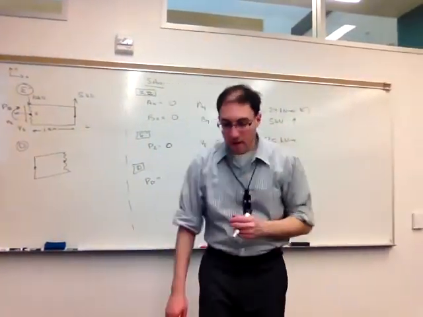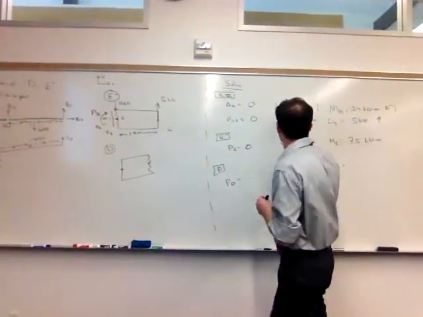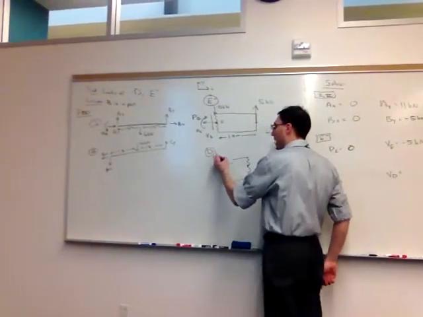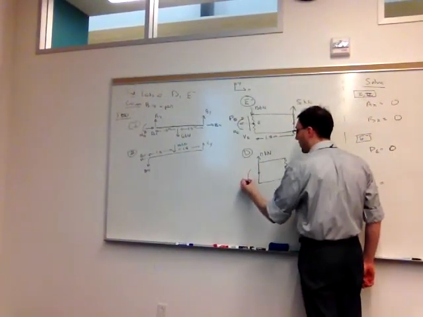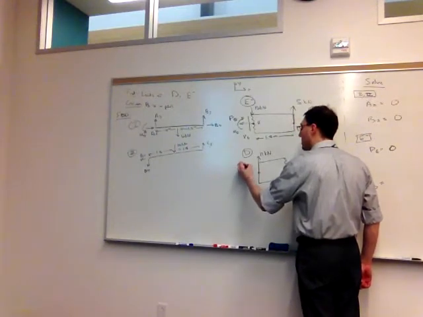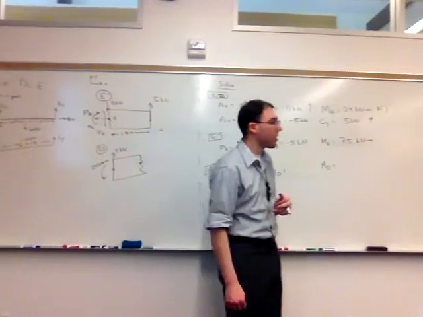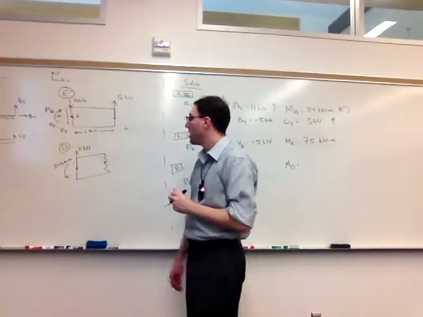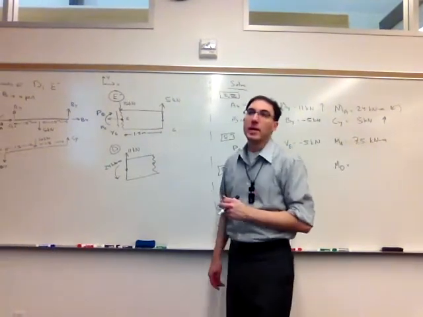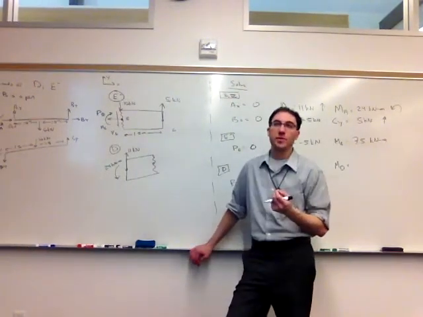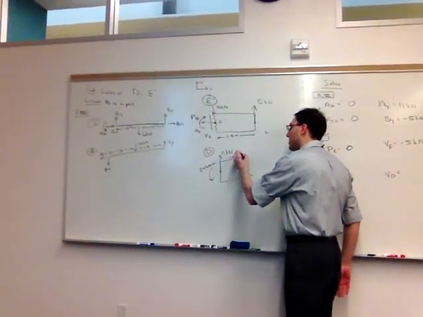I have a wall reaction at A, which I found was 11 kilonewtons up, and 24 kilonewton meters of moment in the counterclockwise direction. AX was 0. And I have the distributed load that acts from A to D, with an intensity of 2 kilonewtons per meter. This has a total length of 1.5 meters.